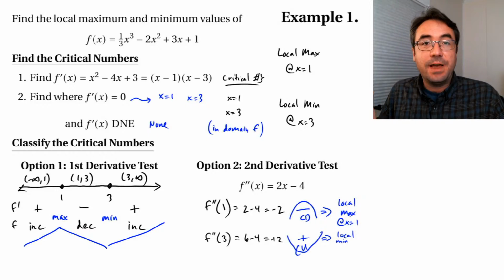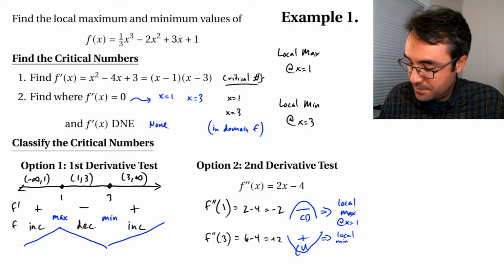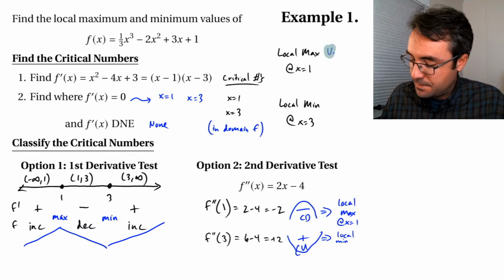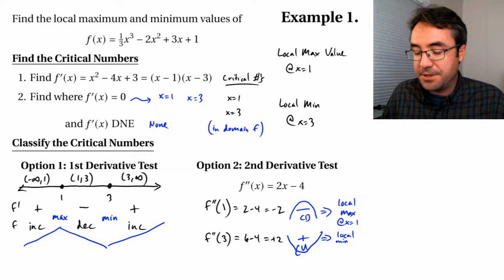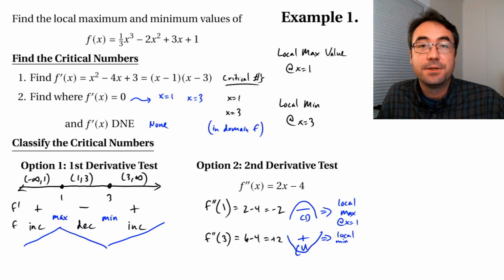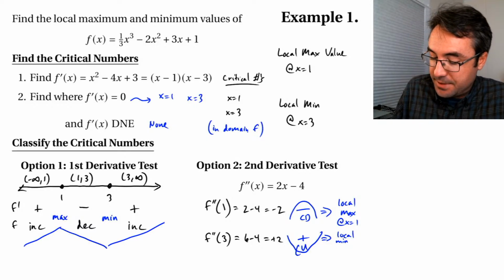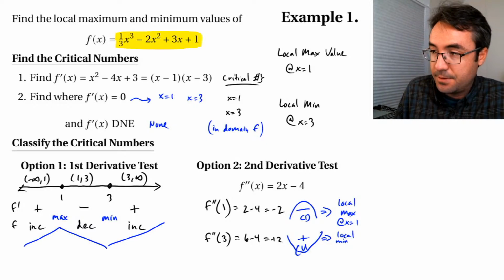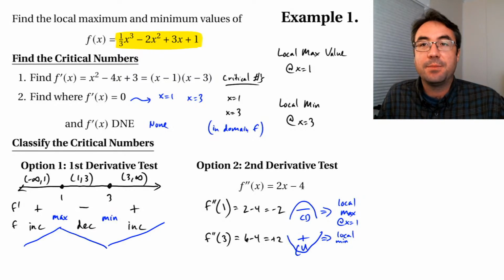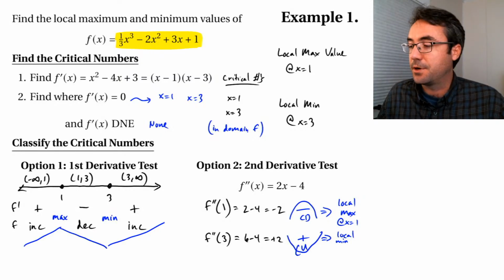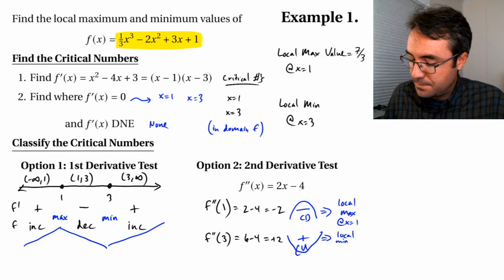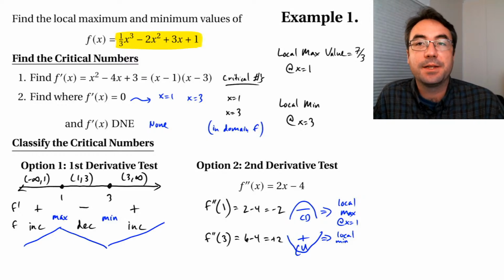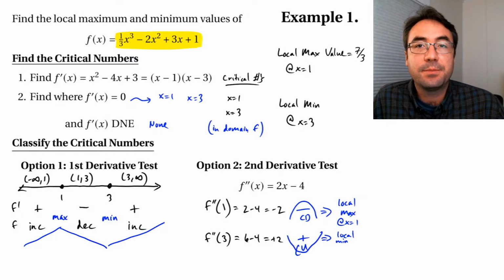So then to get the actual value of our function, we just want to plug those x values into the original function. If I were to plug 1 back into this original function here, I would end up with 7/3. So we'd get 1/3 minus 2 plus 3 plus 1, so that's 7/3.